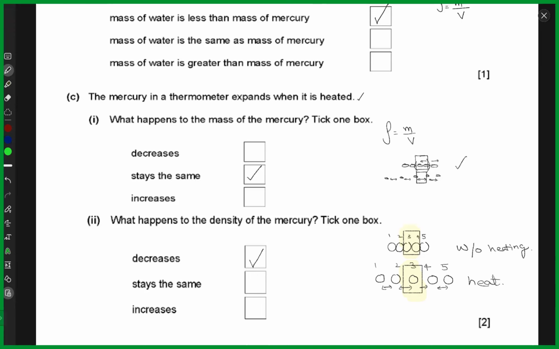After heating, it turns into 10 centimeter cube. Now, before it was mass divided by volume, 5 grams divided by 5 centimeters cube, right? Yeah. Now the volume increases. Exactly. I completely understand your point as well.